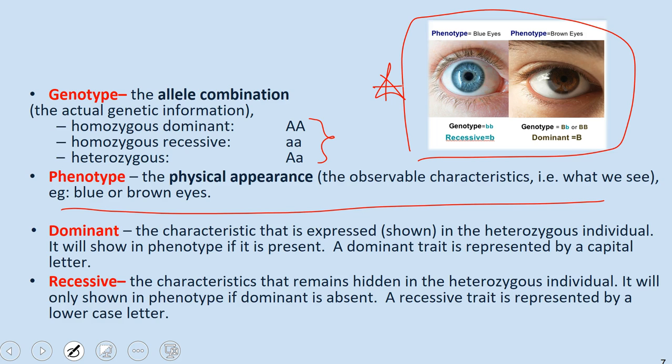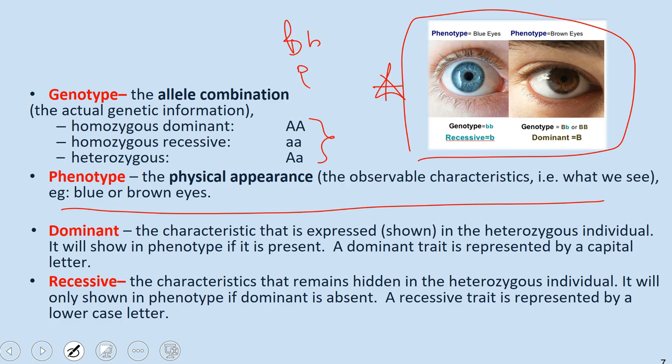So when we refer to a trait being dominant, this is the one that will be shown in the heterozygous individual. So if we have a big B, little b, it's this one. The big B would be the dominant trait, and that is the phenotype that we would see in the individual.